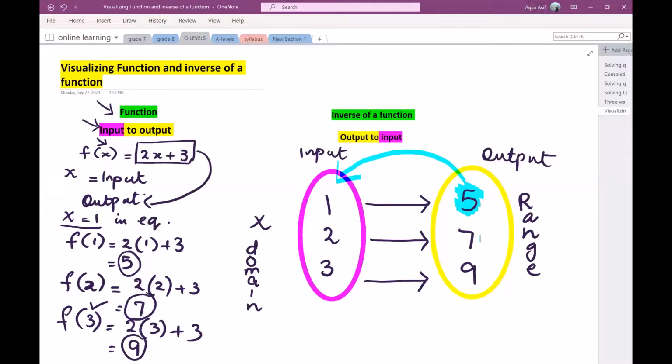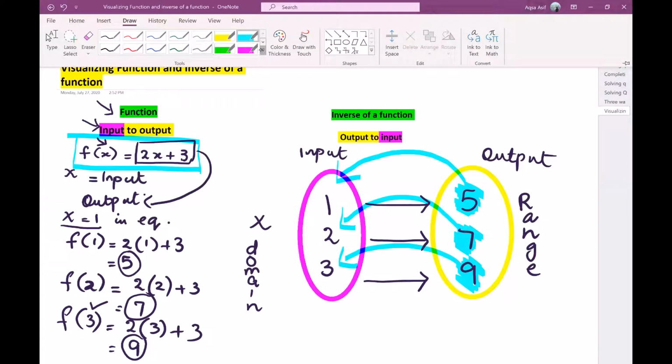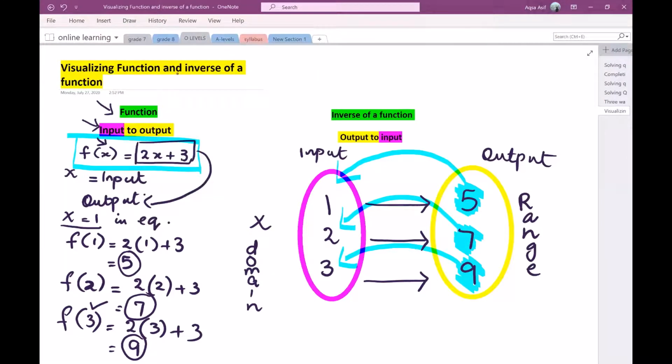If we have the value 7 as output, how can we get back to 2? If we have value 9 as the range or as the output, how can we move back to 3? This can only be done if we know the inverse of that function. We know the function which is 2x plus 3, but we don't know the inverse of the function. So now we'll study how we can find the inverse of a function.